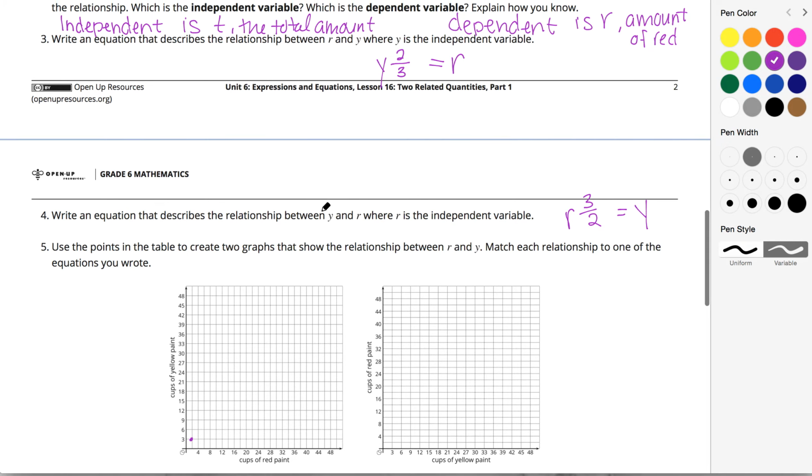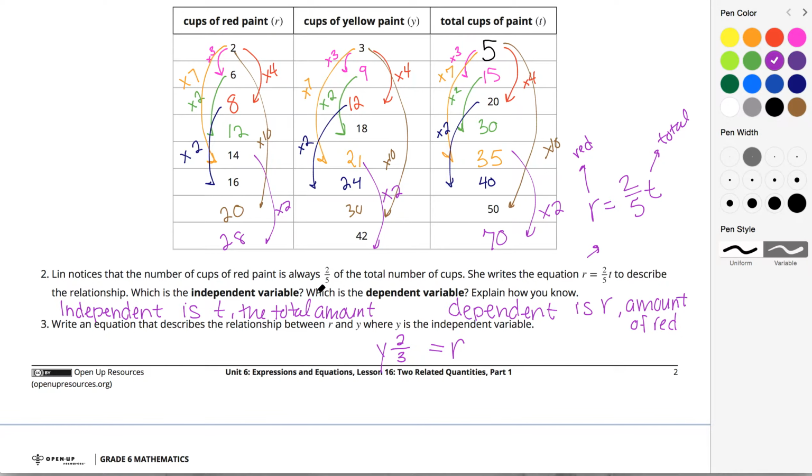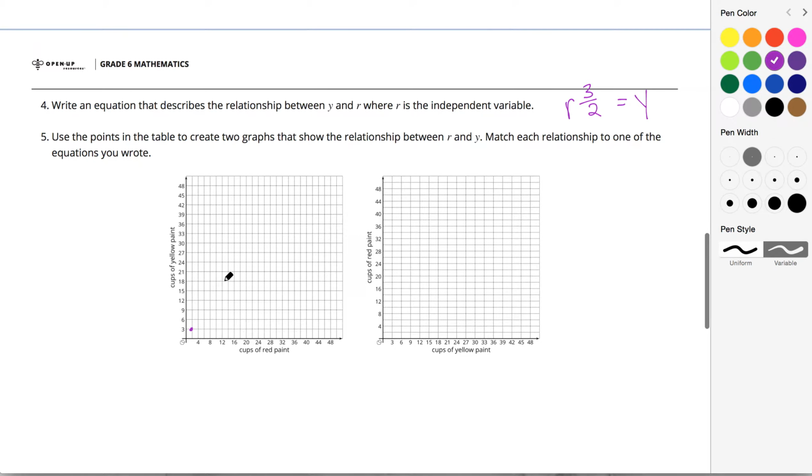For my next one, I'm going to have 6 red, 9 yellow. For my next one, I'm going to have 8 red and 12 yellow.